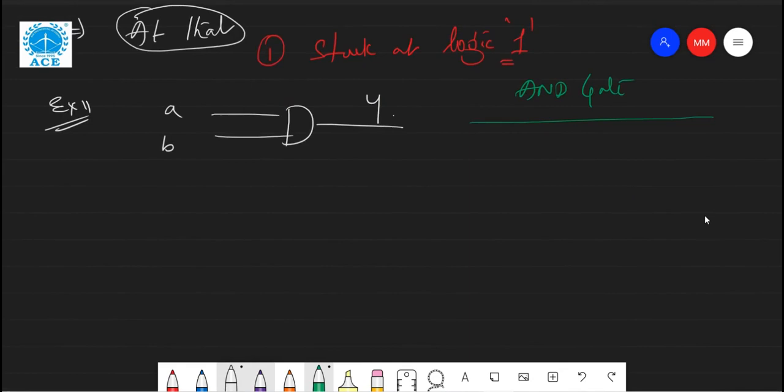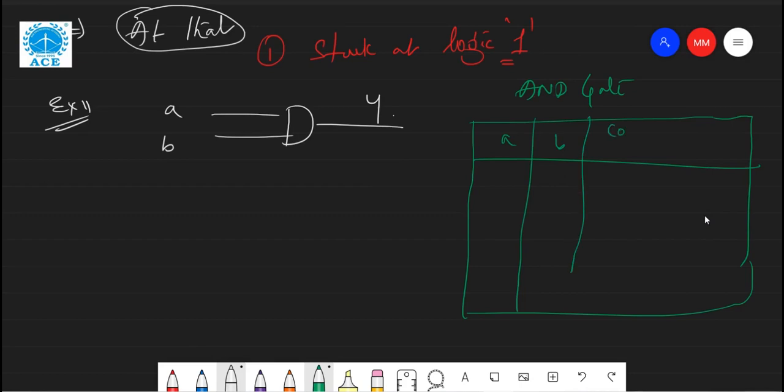Just see here, if I consider this as my truth table, A, B, okay. So I would like to take the correct value of Y and the actual value of Y, okay, the output. Let us take, this is stuck at 1, for example. So at this point, this is stuck at 1, for example, okay.